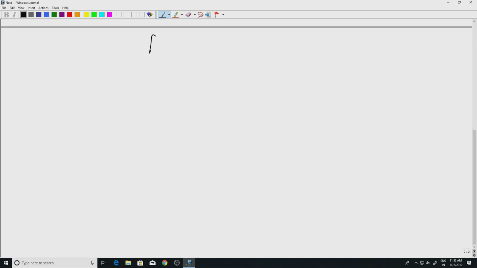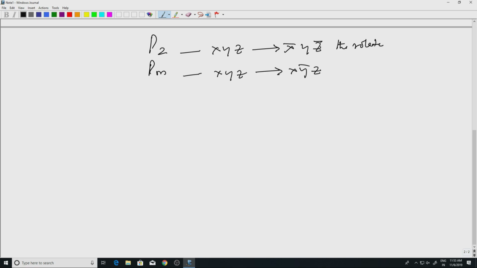We will compare P2 and Pm. In P2, x, y, z becomes x bar, y, z bar. In Pm, x, y, z becomes x, y bar, z. Now we can see that the rotation is along the B axis, here mirror perpendicular to the B axis.